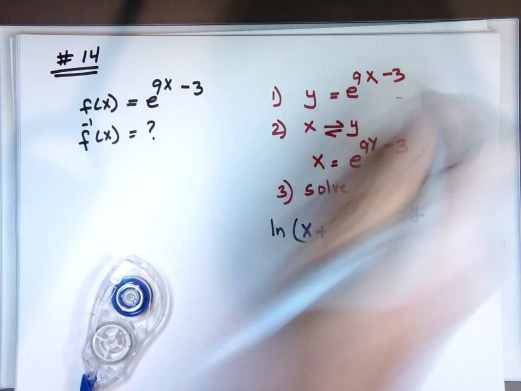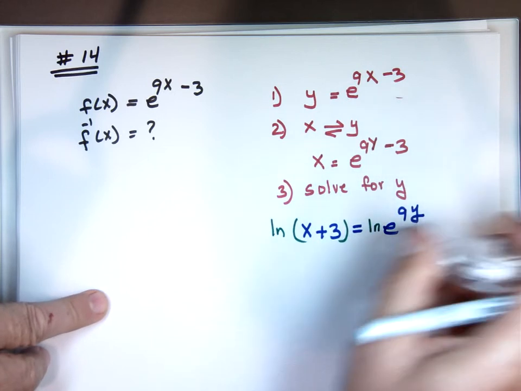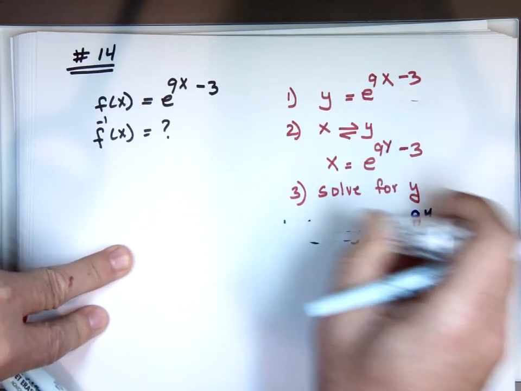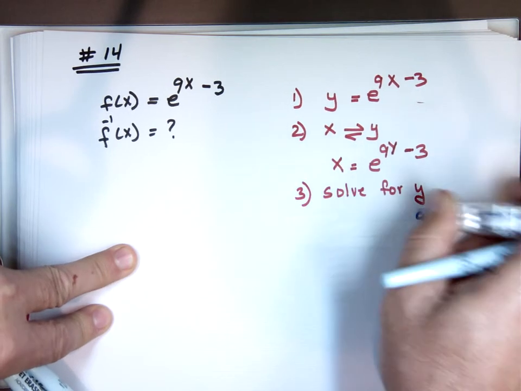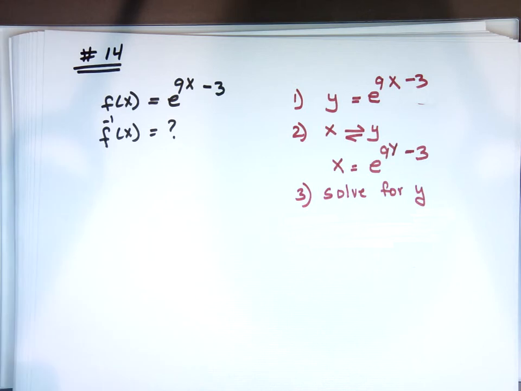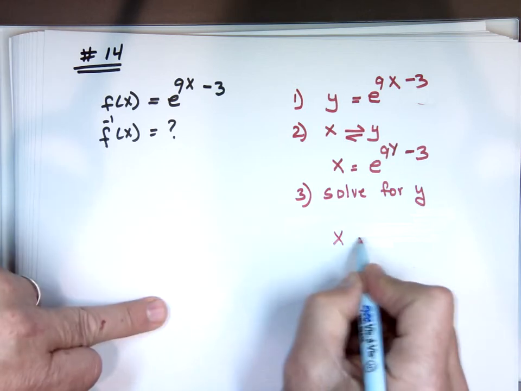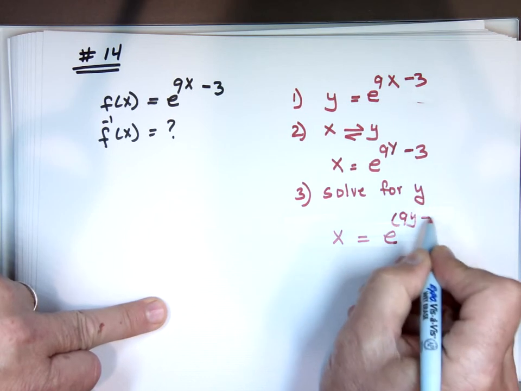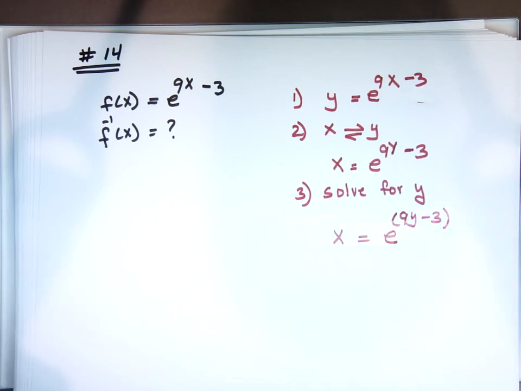Then I can't take the minus 3 here. So we have x equals e to the power, I'll put these in parentheses, 9y minus 3, we know that's the power. Okay. Now let's take the natural log of both sides.